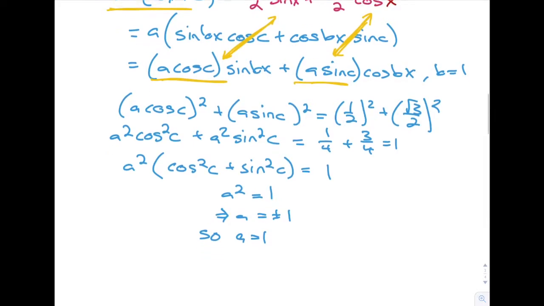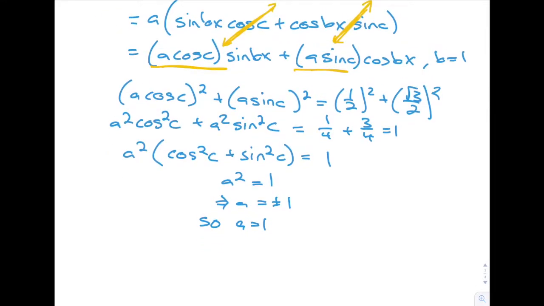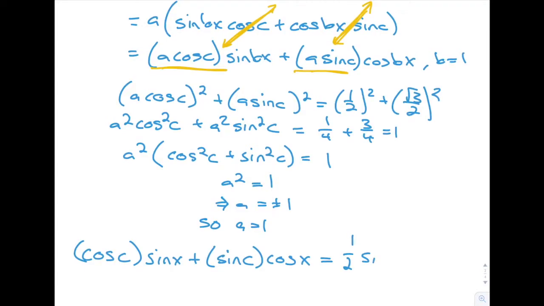So I'll rewrite where we are right now. We currently have the solution that cosine c sine x plus sine c cosine x equals 1/2 sine x plus root 3 over 2 cosine x.